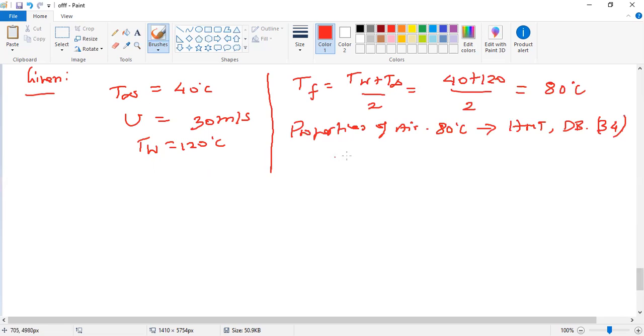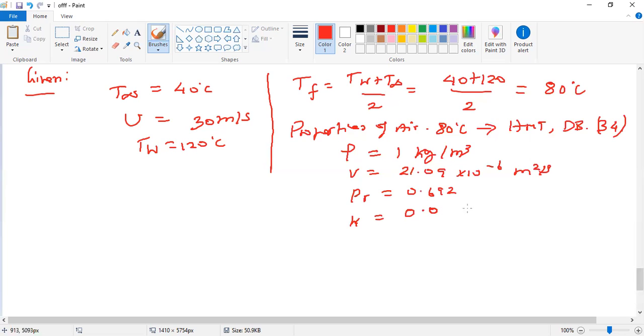The values found from the data book: the density is 1 kilogram per meter cube, the kinematic viscosity is 21.09 into 10 power minus 6 meter square per second, the Prandtl number is 0.692, and the thermal conductivity is 0.03047 watts per meter Kelvin.